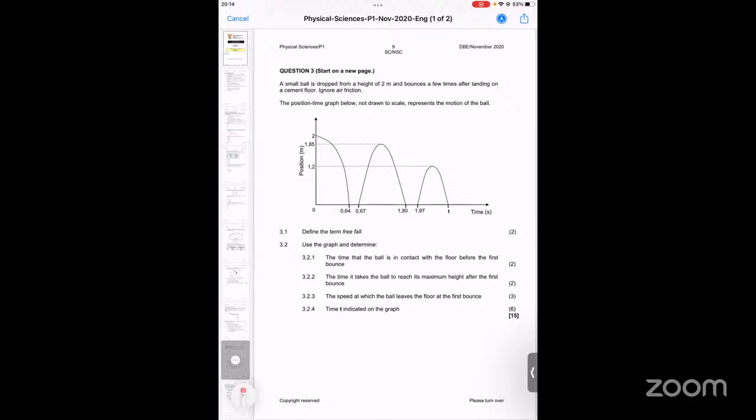Okay. So with regards to time t, this is how you can approach it.